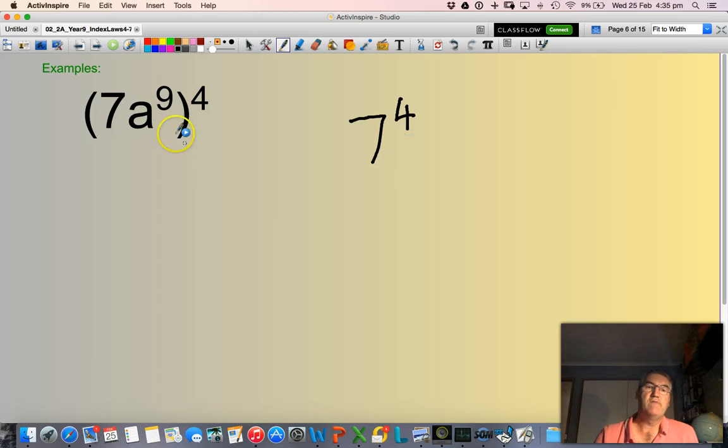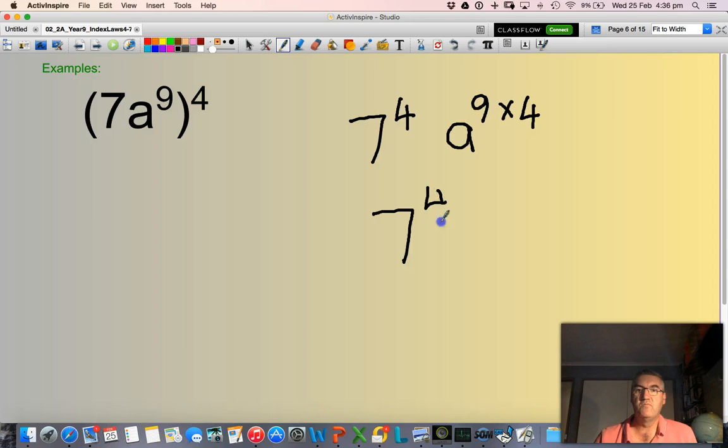And I have A to the power of 9, all raised to the power of 4. So this is a power of a power, so it'll become A raised to the power of 9 multiplied by 4. 9 multiplied by 4, because I have a power raised to another power. Now, simplifying this, I have 7 raised to the power of 4, A raised to the power of 36.